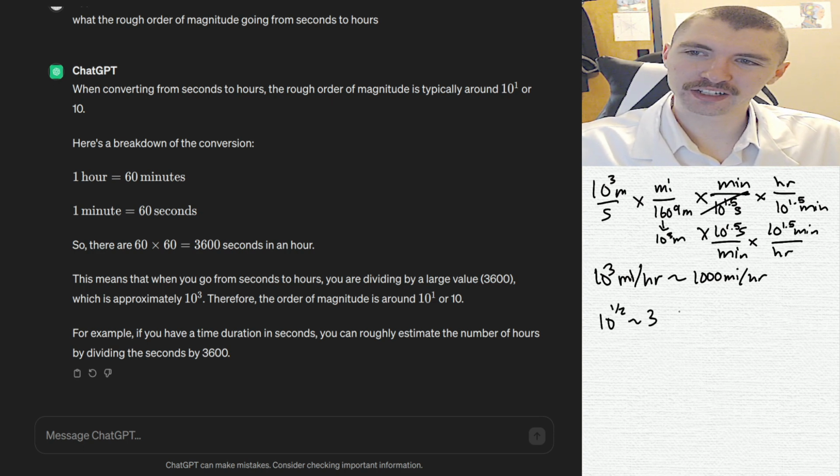It's about 3, and 10 to the 3 fourths, or 1.5 is approximately.